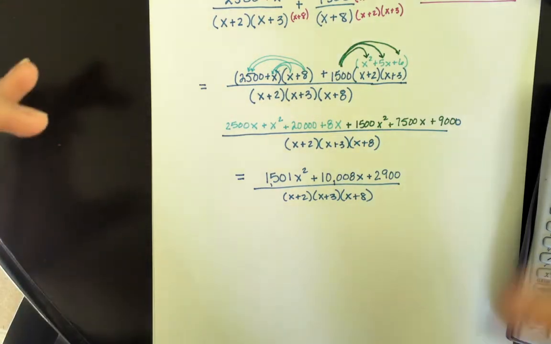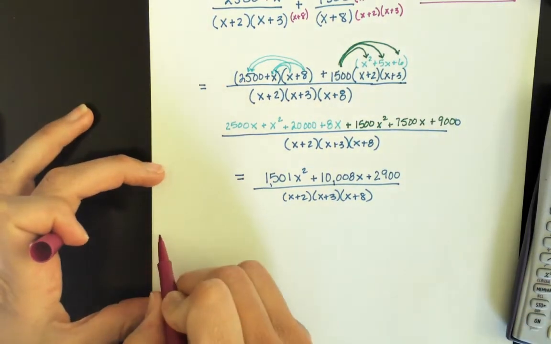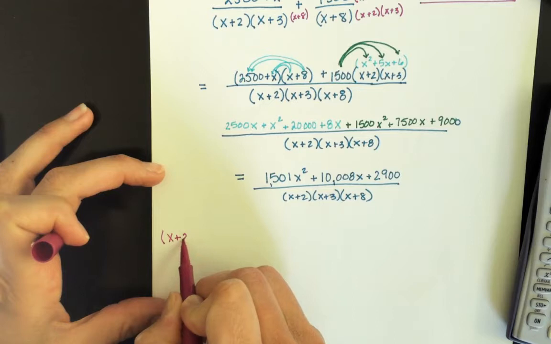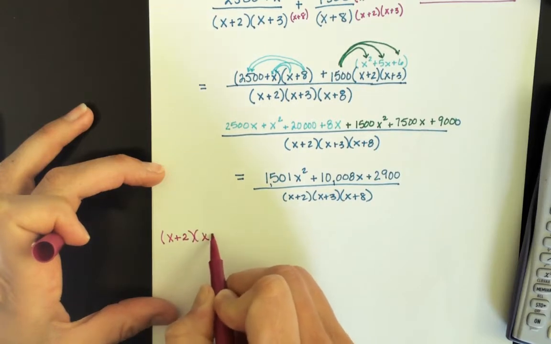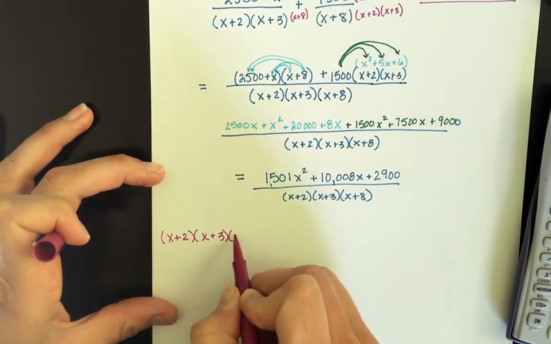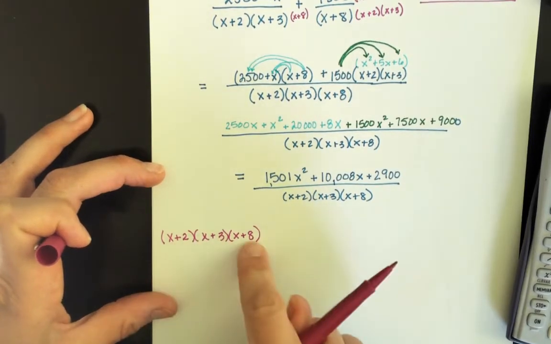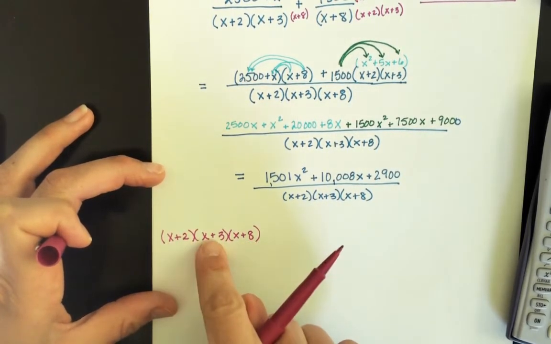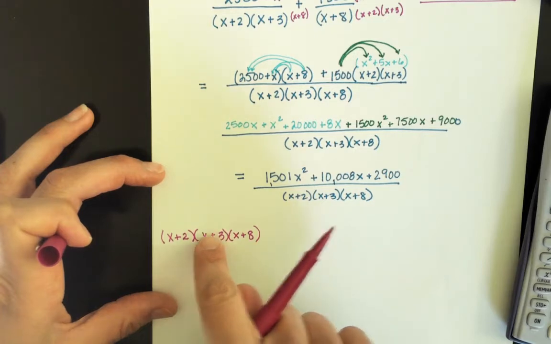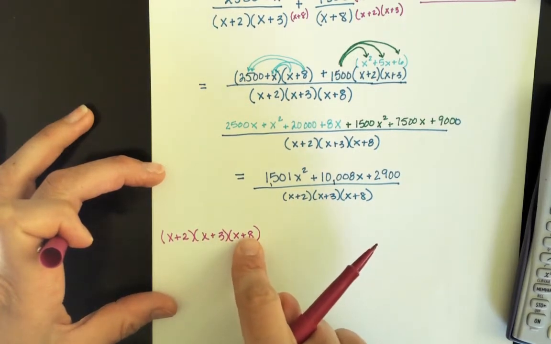So if this is the case, you have to remember that this is just like multiplying anything. You always multiply two at a time. So even if this was something like 2 times 3 times 8, we would do 2 times 3 first, get 6, and then take 6 times 8 to get 48.